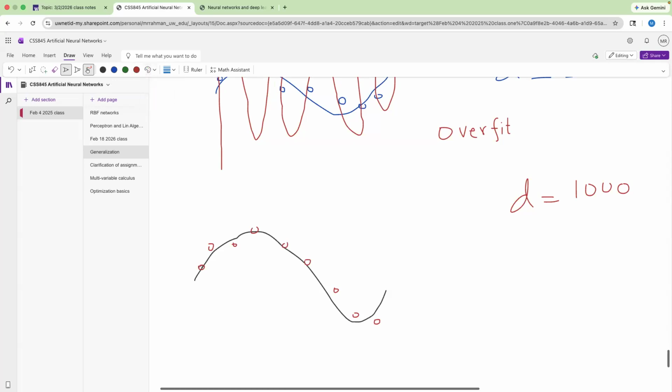So we actually don't have a crazy spiky fit anymore. What we have is something like this. It actually looks like this.